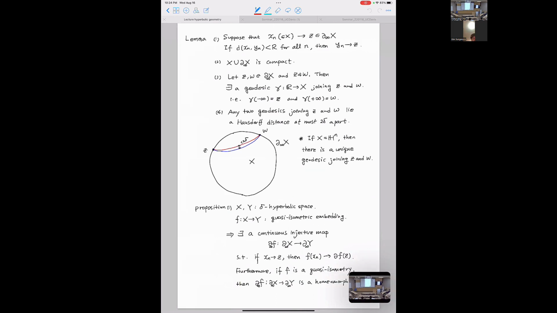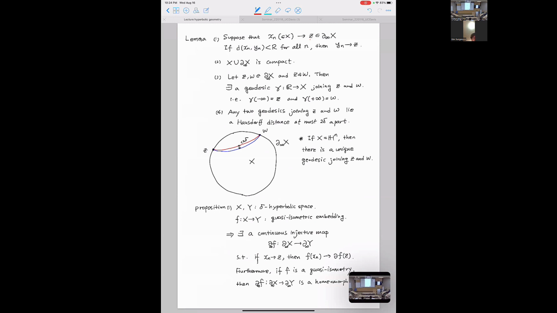Okay, so there are many results on this topology. The first: x_n converges to g, where x_n is a sequence in X and g is a point in the group boundary.